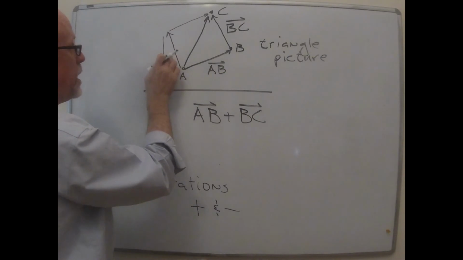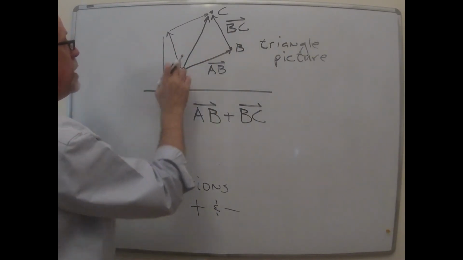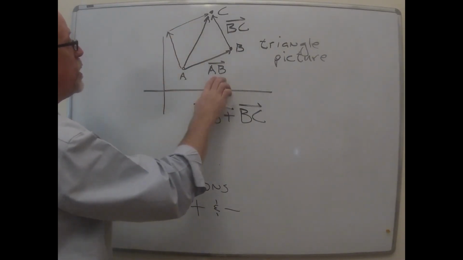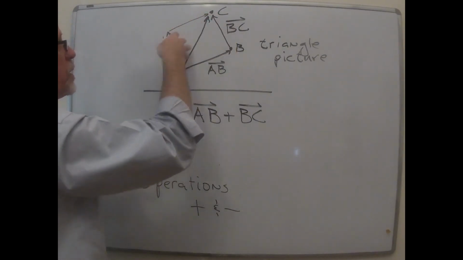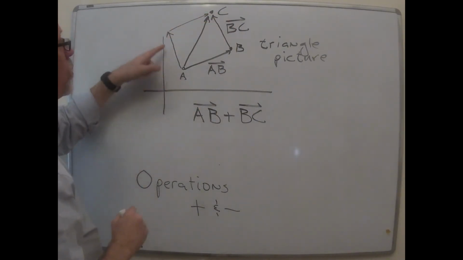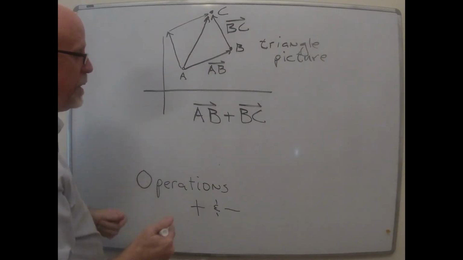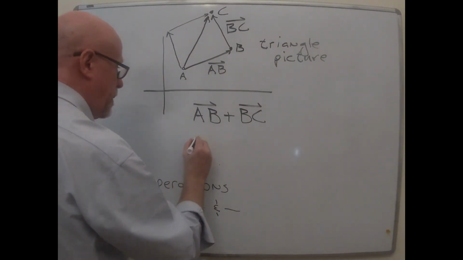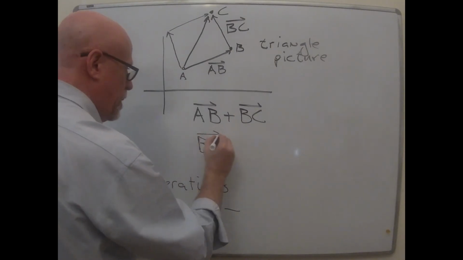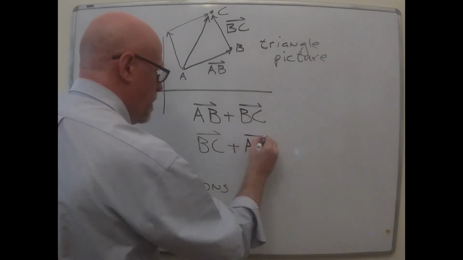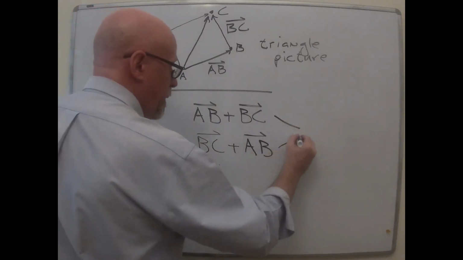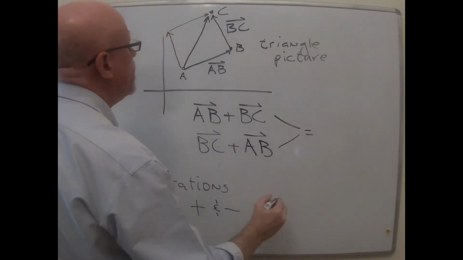In other words, this guy is the same vector as BC. This guy is the same vector as AB. These guys have just been parallel shifted across from one another. So this other way to add them, basically it's saying you could add BC plus AB. And in both of these cases, what you're getting is going to be equal to A to C.